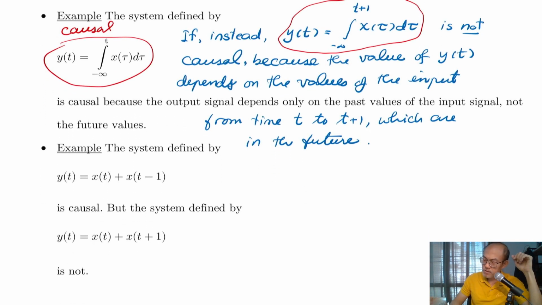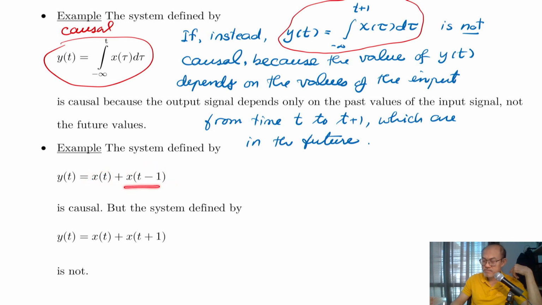Another example: this system is defined by y(t) = x(t) + x(t − 1). So the present value of the output at any time t depends on the present value of the input plus the past value, one time unit before time t.